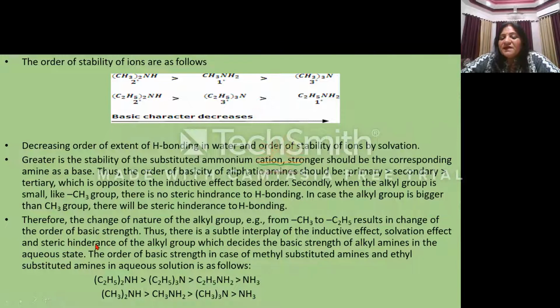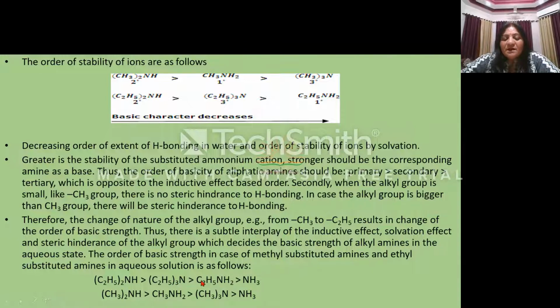So the order of the basic strength of the alkyl amines in case of methyl substituted amine and ethyl substituted amine in aqueous solution is as follows. Secondary amine, 2 degree amine, is more basic than 3 degree amine, which is more basic than primary amine, which is more basic than ammonia. Then it will be what? 2, 3, 1, 0.